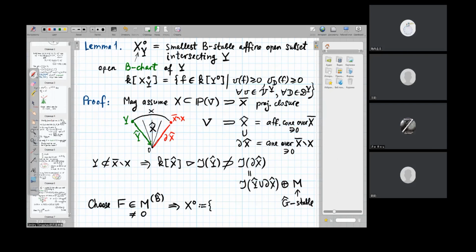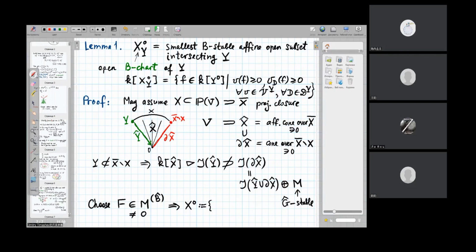Well, I mean, it is a polynomial on X hat. Of course, it is a polynomial on X hat. So how can we define homogeneity on X hat? Because X hat is a cone.